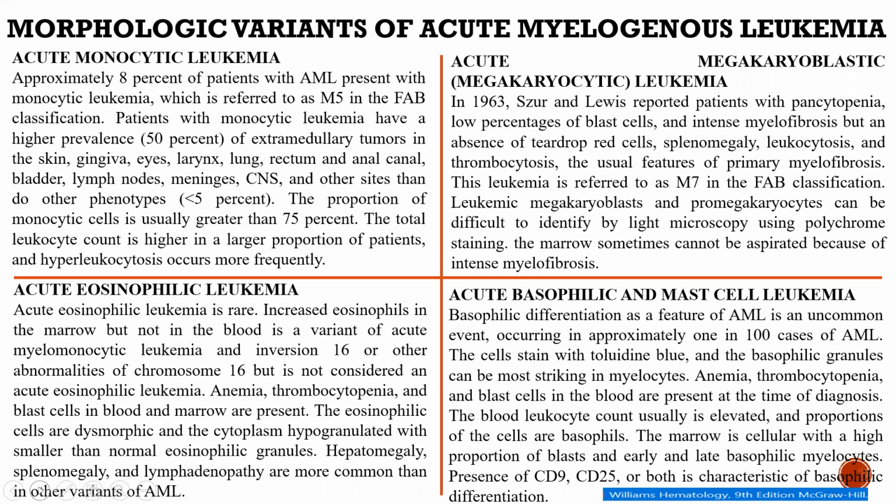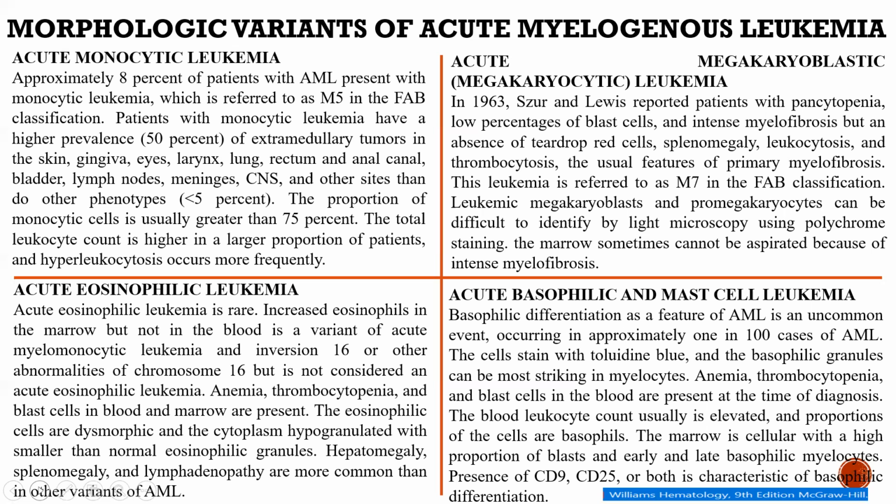Acute basophilic and mast cell leukemia is presented in approximately 1 in 100 cases of acute myeloid leukemia. Basophilic differentiation is the feature of this leukemia; in acute myeloid leukemias in general it is an uncommon event. The cells stain metachromatically blue, and the basophilic granules can be most striking in myelocytes.